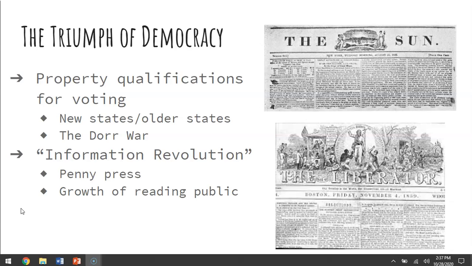There was also a new style of journalism that was all about sensationalism, right? Like crime stories, exposés of official misconduct. And thanks to low postal rates, a lot of newspapers were able to circulate beyond where they were produced.